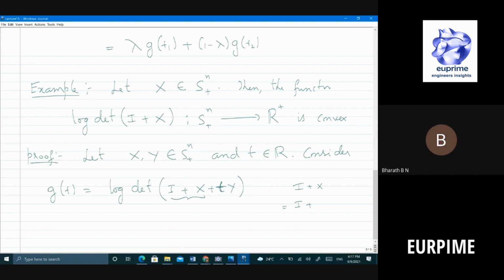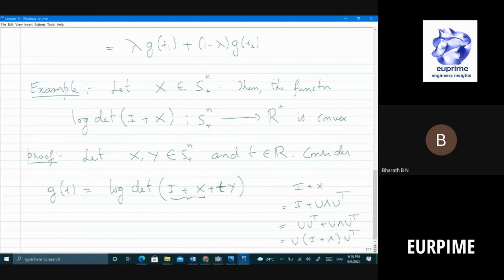Eigenvalue decomposition, right? We can always do eigenvalue decomposition. So I can write the identity as U U transpose, take U to the left, and this will be U times identity plus lambda times U transpose.